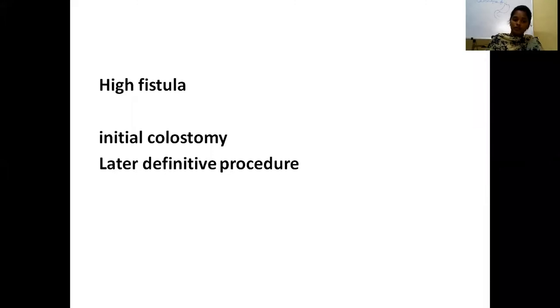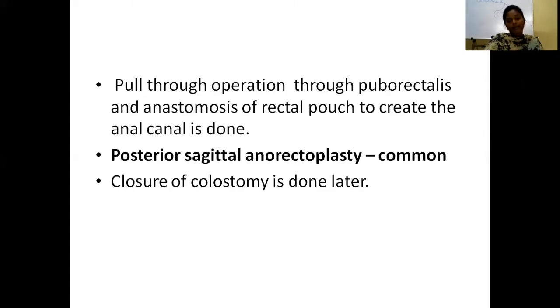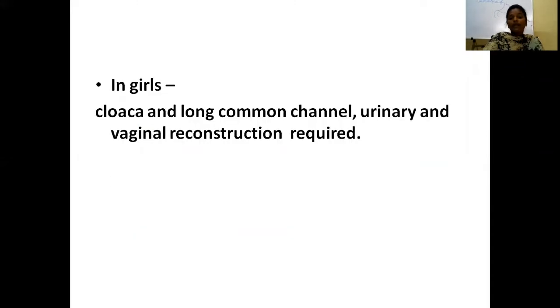Later, definitive procedures, which include the pull-through options and posterior sagittal anorectoplasty. And in the later stage, you go for colostomy closure. In girls, if there is cloaca or common channel anomalies, urinary and vaginal reconstruction is required.